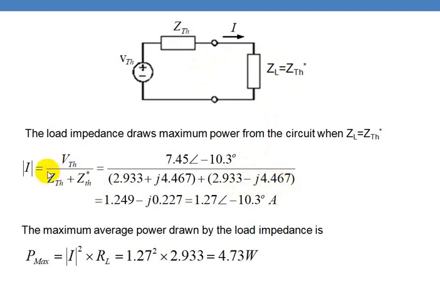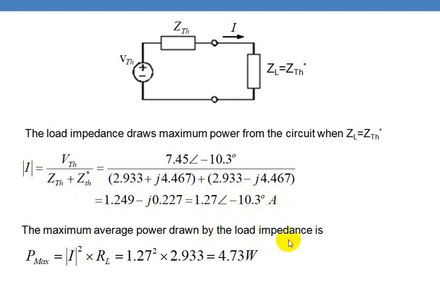The current in this circuit will be equal to VTH divided by the total impedance, that is ZTH plus ZTH star. So to find the current, you divide this voltage by ZTH plus the complex conjugate of this impedance. This comes to be around 1.27 at an angle of minus 10.3 degrees amperes.